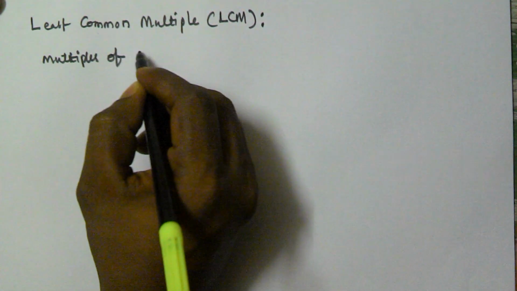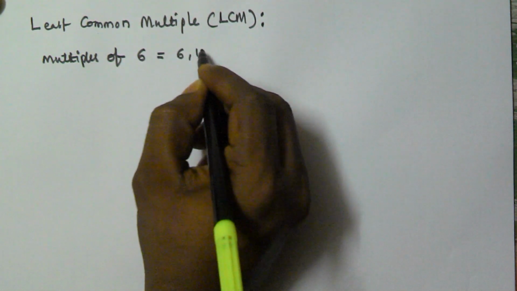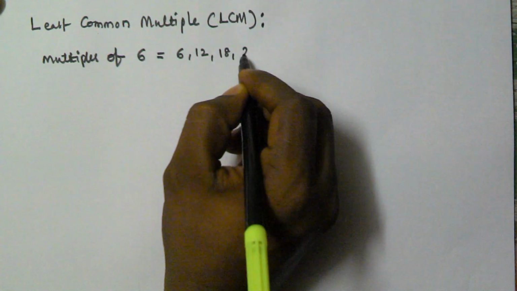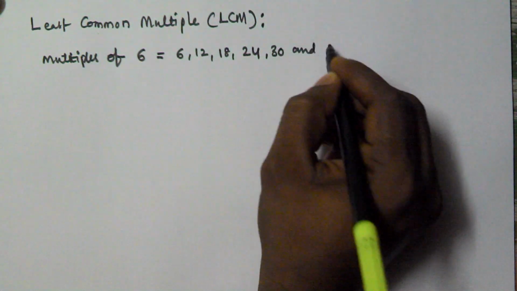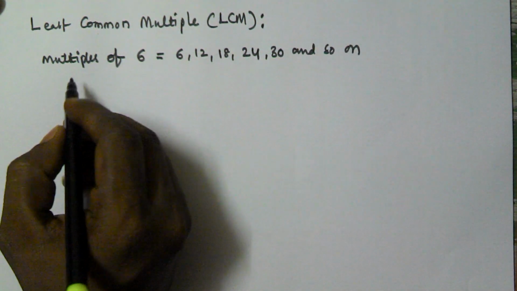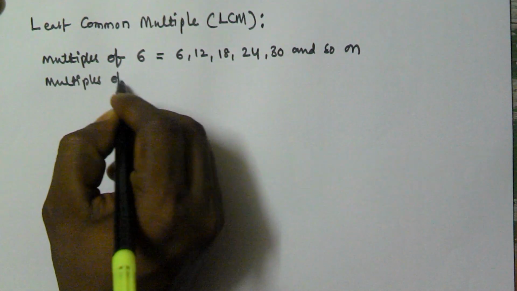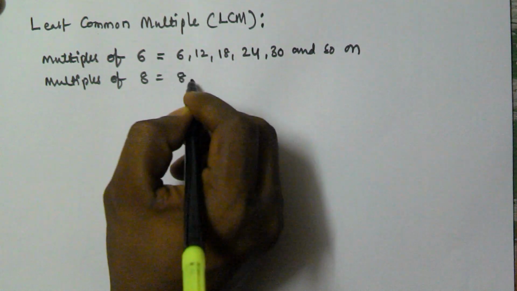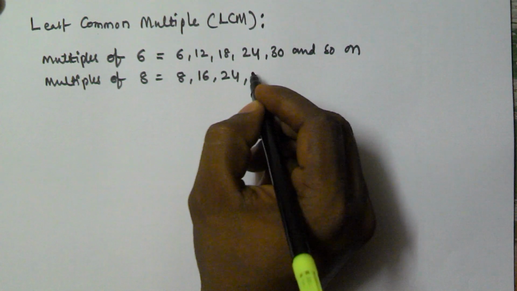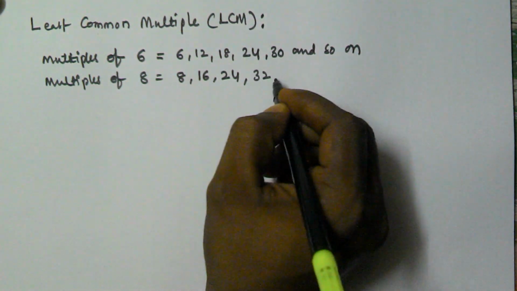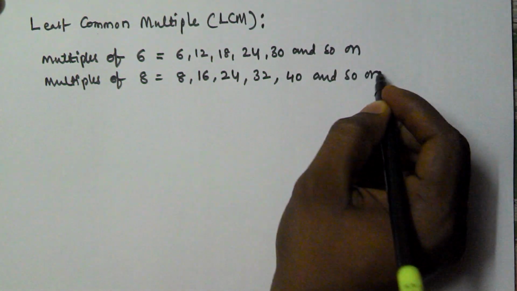multiples of 6 are 6, 12, 18, 24, 30, and so on. And multiples of 8 are 8, 16, 24, 32, 40, and so on.